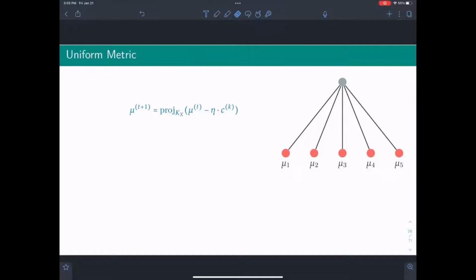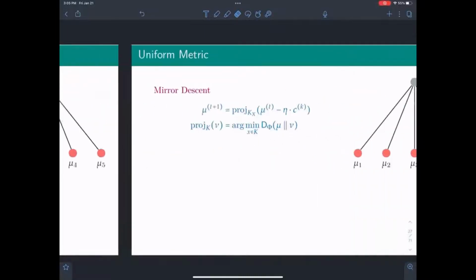The first guess might be to do this projection based on the Euclidean distance. If we do that, then the algorithm corresponds to projected gradient descent. Note that in gradient descent, we move by the gradient instead of this vector c, but other than that, these algorithms are the same.